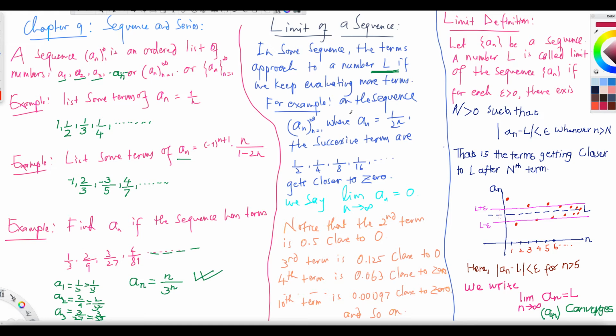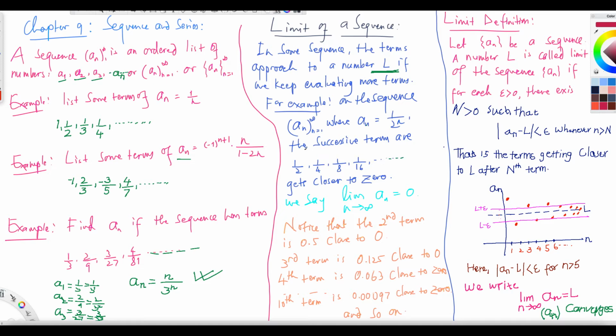Okay, for example, let us suppose that the sequence is given by an equals 1/2 to the n, with n from 1 through infinity. Then how do the terms look? A1, the first term, will be 1/2. A2 will be 1/2 to the 2, 1/4. A3 will be 1/8. A4 will be 1/16, and it continues.